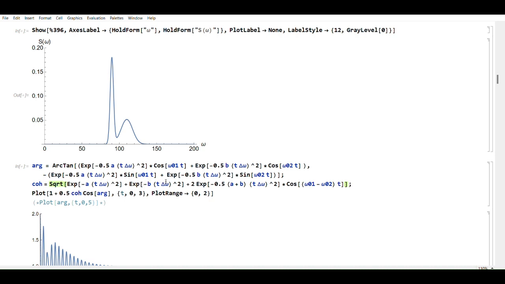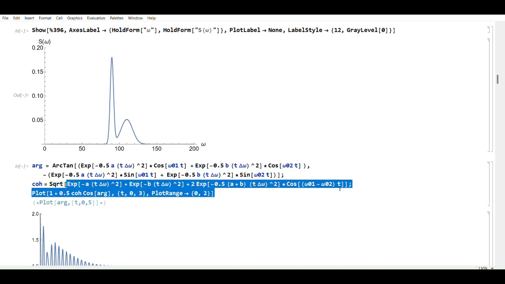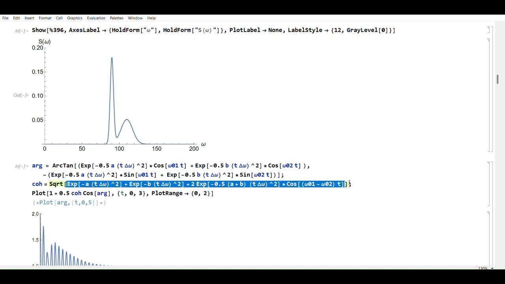You get exponential of minus a tau squared delta omega squared plus exponential of minus b tau squared delta omega squared. Instead of tau, I'm just writing t over here. And then there is 2 exponential minus of (a plus b) tau squared delta omega squared by 2 times cosine of (omega naught 1 minus omega naught 2) tau. So this whole thing inside this square root is actually mod gamma tau squared.